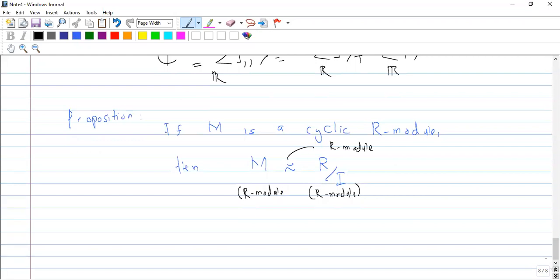Okay, क्या? For some I, for I an ideal of R. For some I.